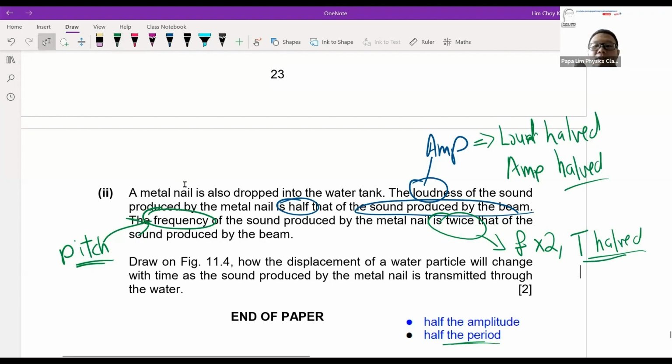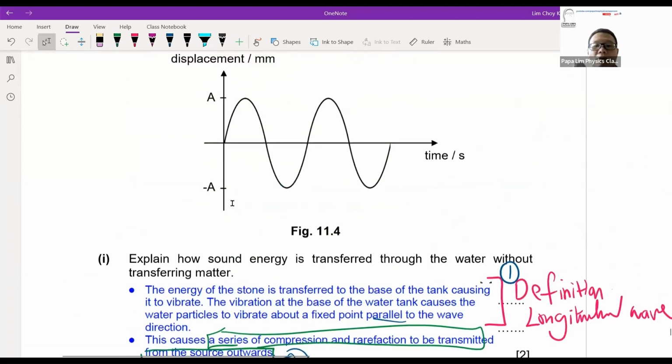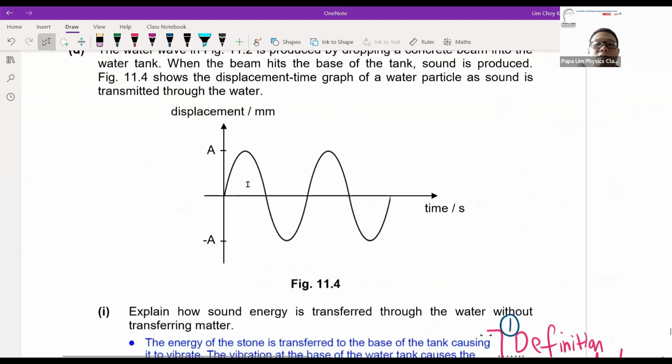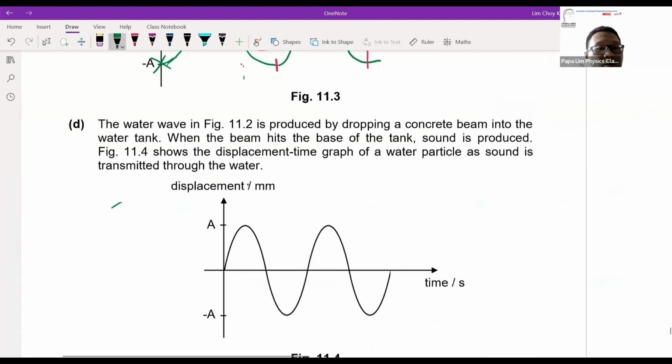So all in all, this particular graph in 11.4 will shrink. I need the periods to be half and the amplitude to be half. So with amplitude half, the wave will be here. One cycle used to be here, now my cycle is here.